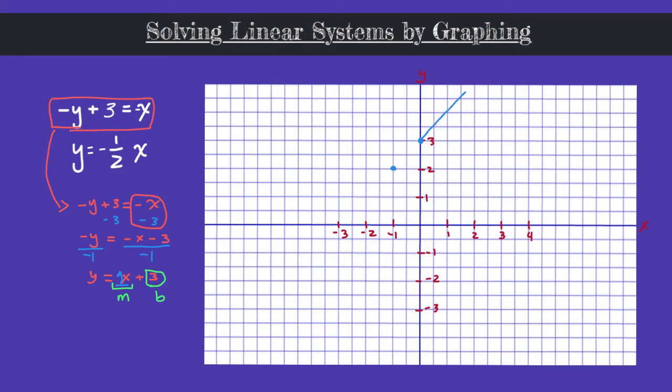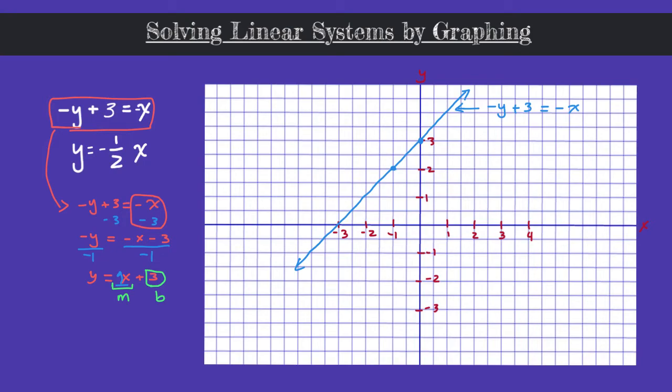I'm going to use a freehand, but use your ruler for accuracy purposes. And that is the graph of negative y plus 3 is equal to negative x.